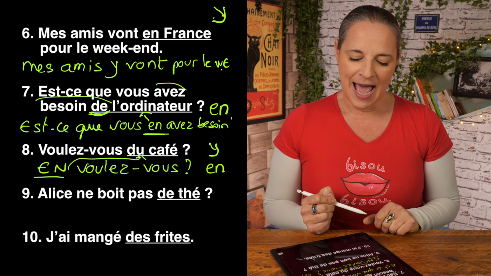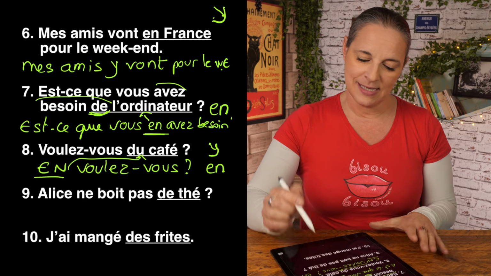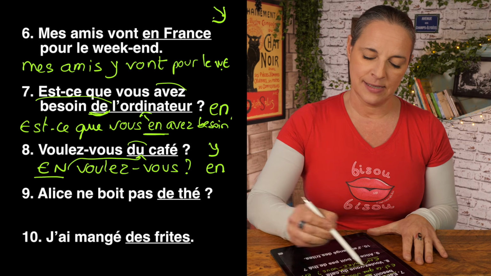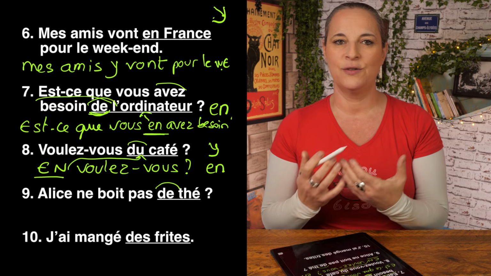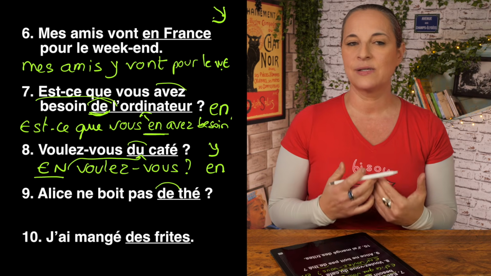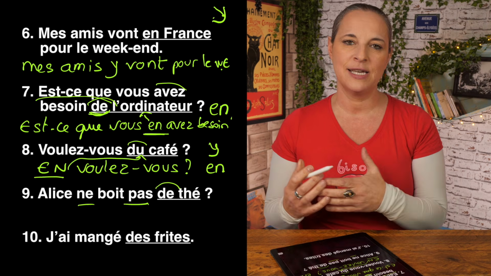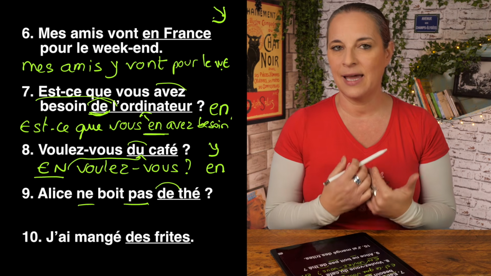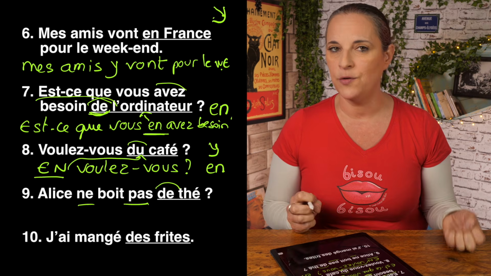Okay. Alice ne boit pas de thé. And this is the same as du. It's the same as de. Boire du thé, to drink some tea. Elle ne boit pas de thé. She does not drink any tea. And de always comes for quantity with ne pas.